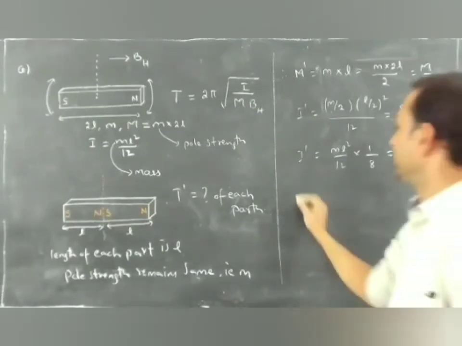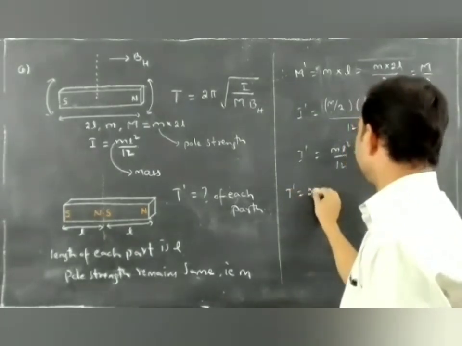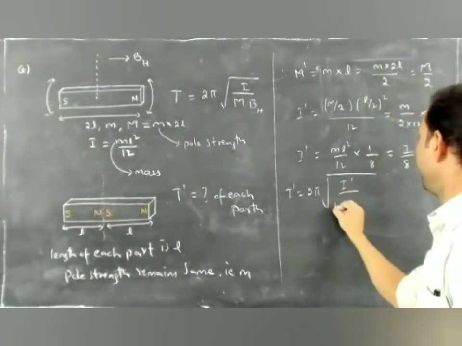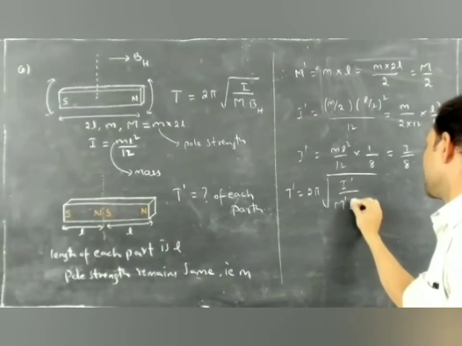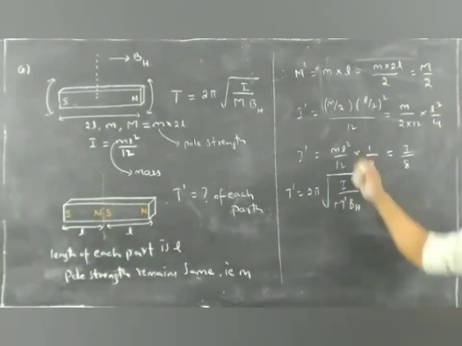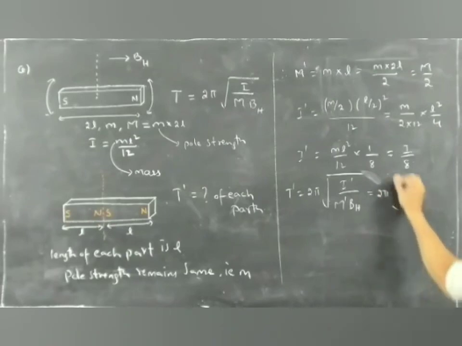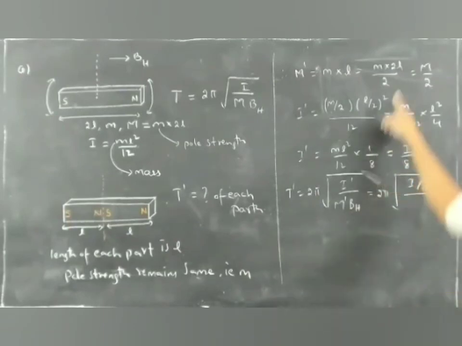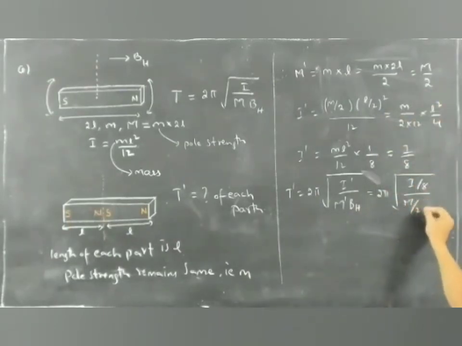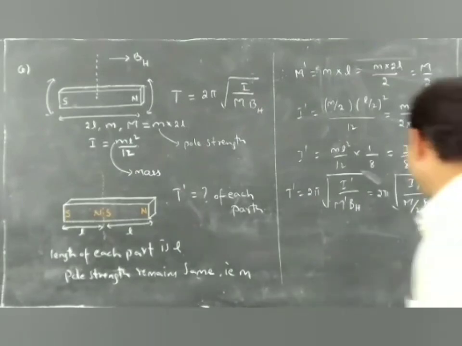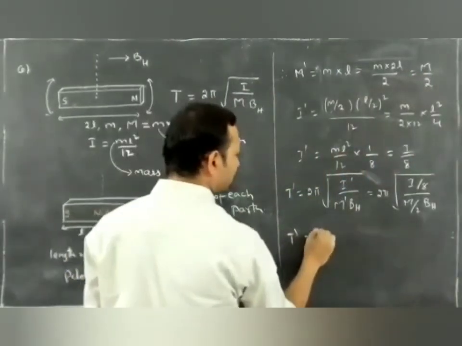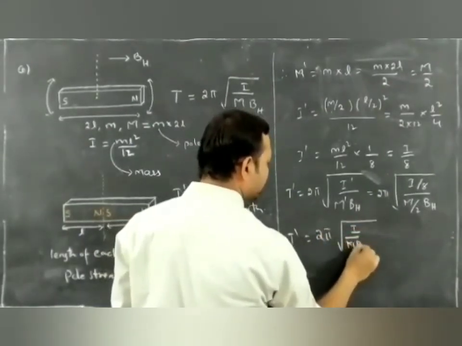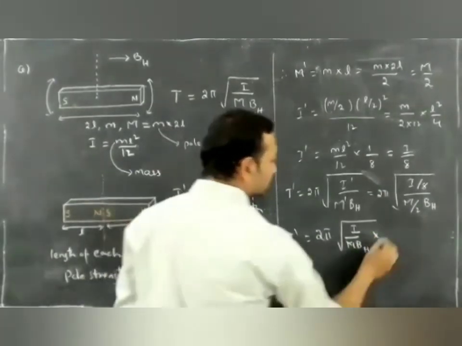So T prime will be 2 pi root of moment of inertia I prime by M prime into B_H. B_H is constant. Substituting, I prime is I by 8 and M prime is M by 2 into B_H. Rewriting, T prime is equal to 2 pi into root of I by M B_H into 2 by 8.